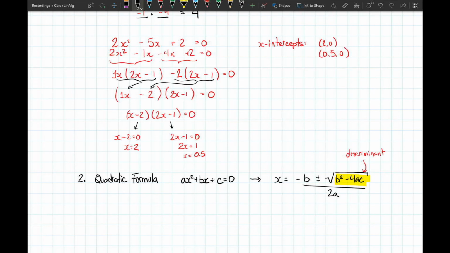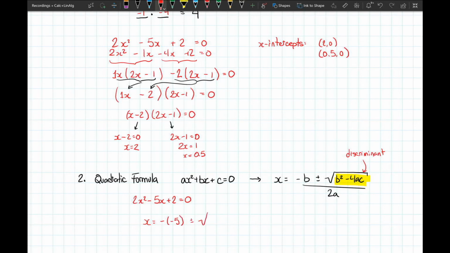With this lovely formula, or with a calculator that can do this automatically for you, it's just a matter of inputting a, b, and c into that formula and churning out the result. Going back to our example, because I have b being negative 5, this is going to be negative negative 5, that makes it a positive 5.